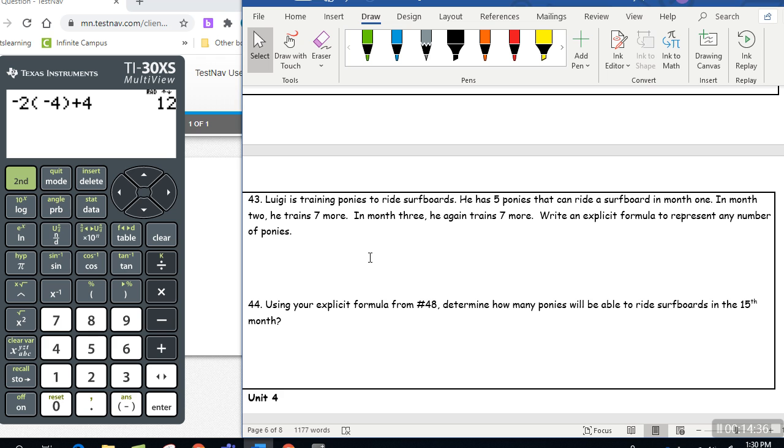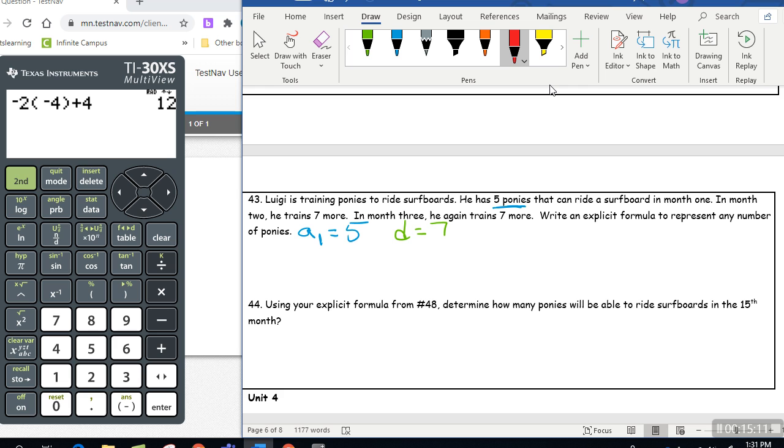So this is similar to our, I can't remember who it was, but he was training squirrels to ride skateboards. I love that problem. But this one, how many ponies could ride a surfboard at first? Well, it says 5 in month 1. What's our common difference? How many are trained after each month after that? Well, 7 each month.